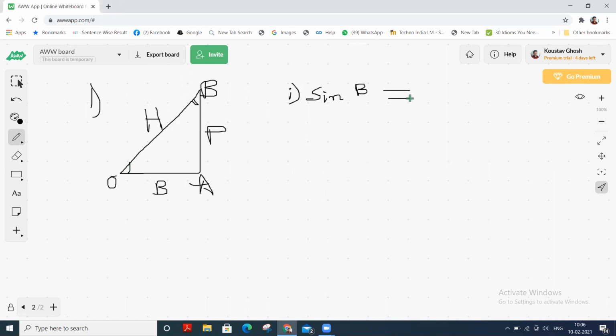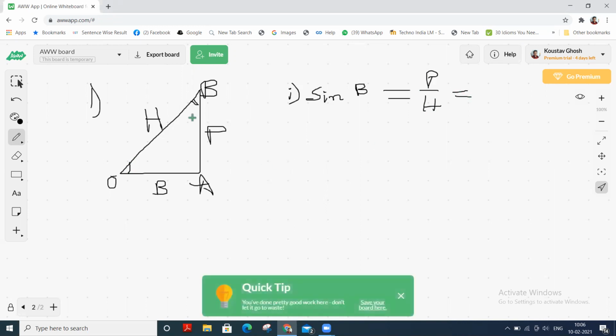Sine B is the perpendicular by hypotenuse. What is the perpendicular? That is AB, with respect to that angle. Perpendicular is AB, and the hypotenuse is OB.